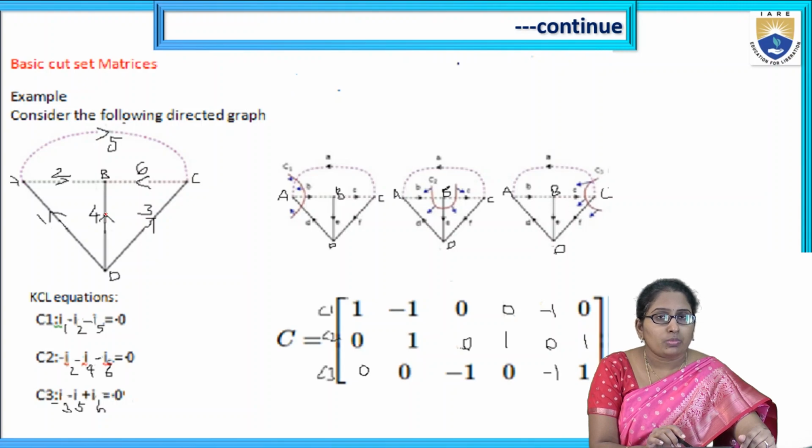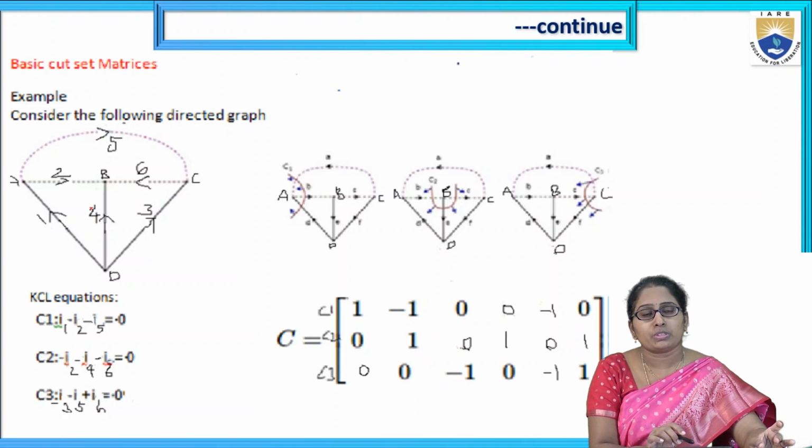We know what is meant by a tree: a connected subgraph of the given graph, with no closed path, no loop, but with the same number of nodes as the given graph.